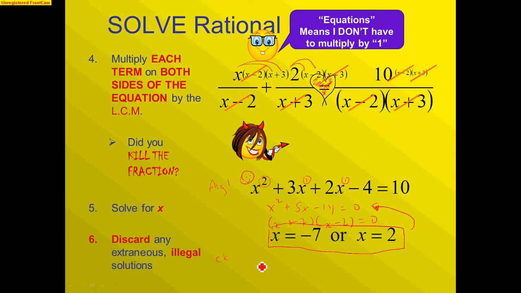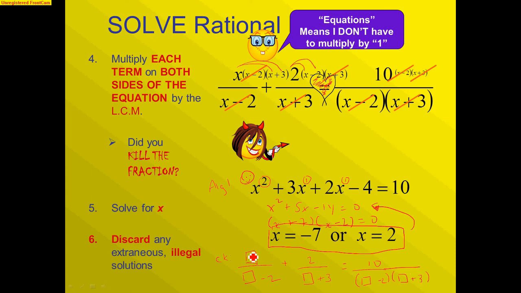The original problem was x over that same x minus 2 plus 2 over that same x plus 3 is supposed to be equal to 10 over, factored form of that quadratic was x minus 2 and x plus 3.